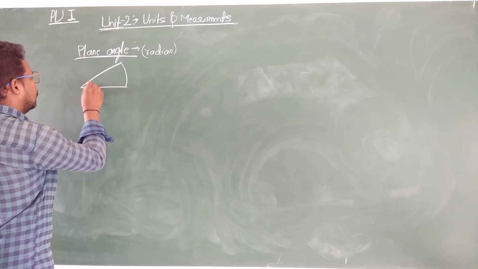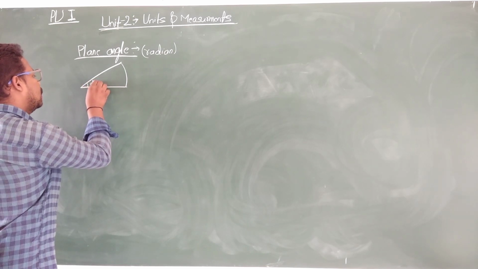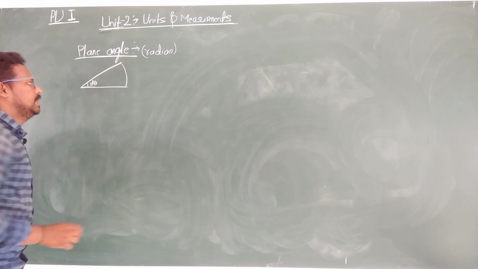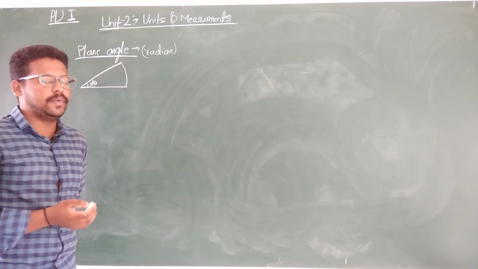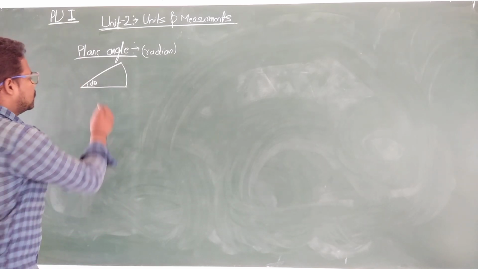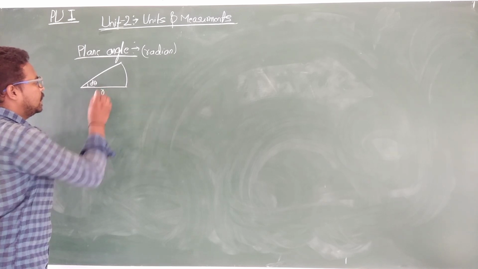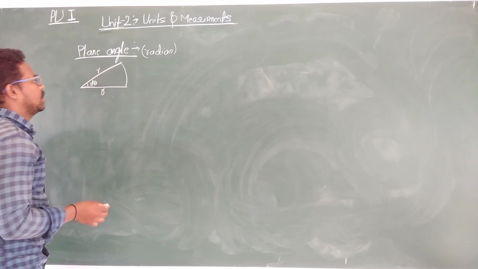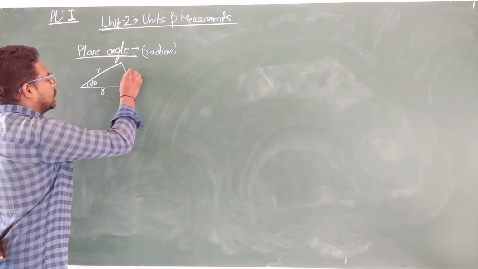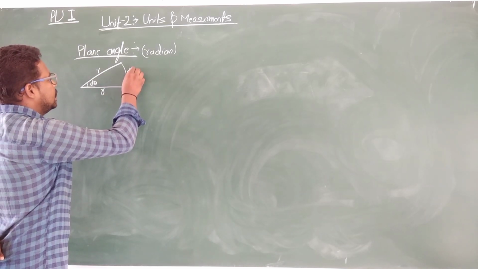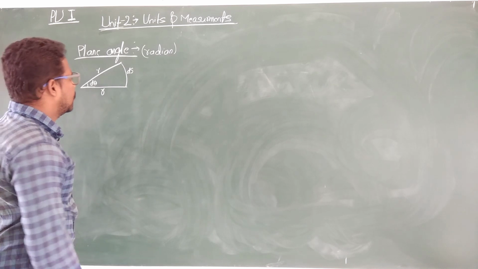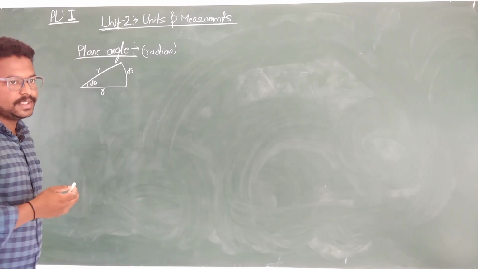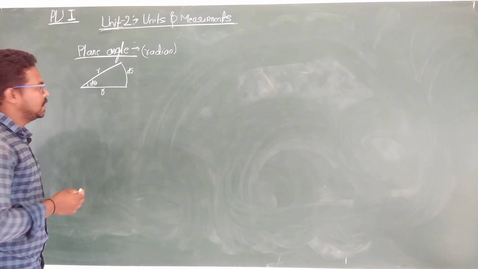This is the angle d theta. Why do we take d theta? D theta means it is small angle. We have taken the circle. In that we have taken the radius r. Take the length of the arc as ds.